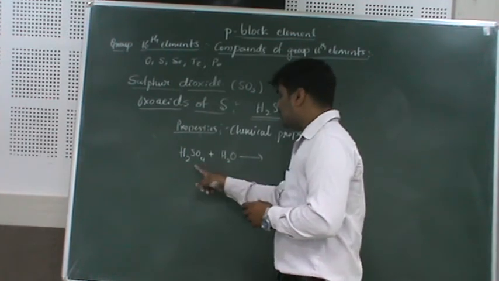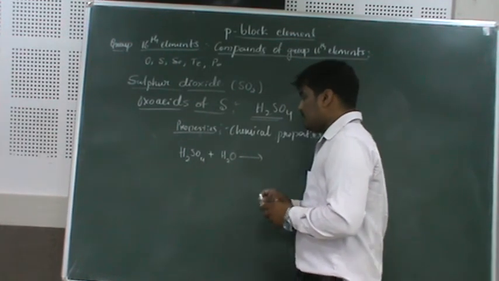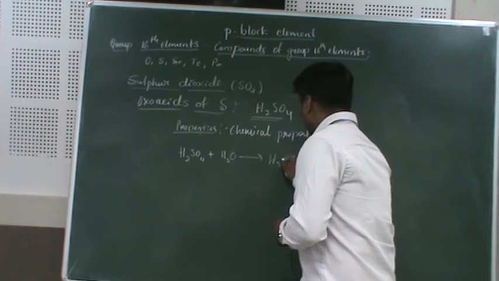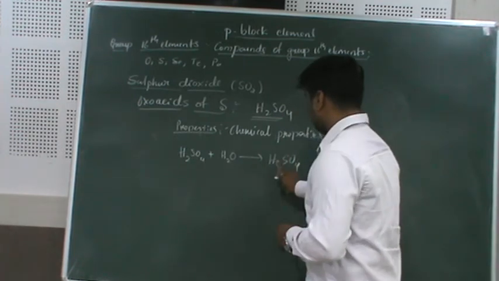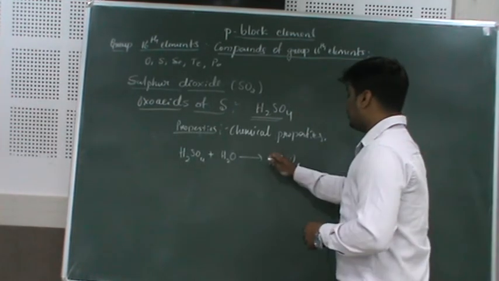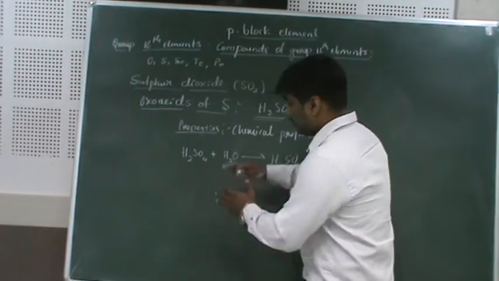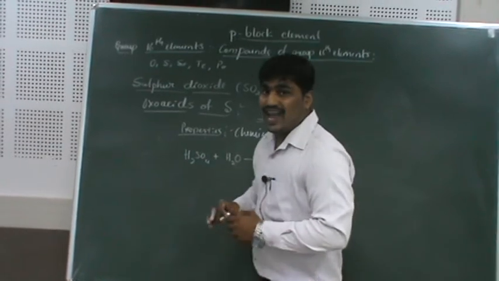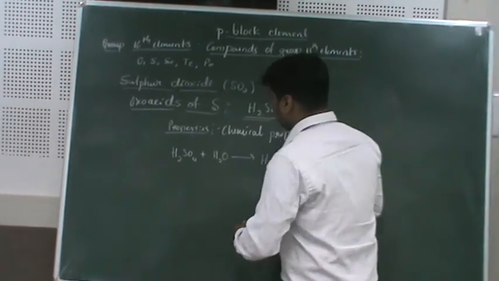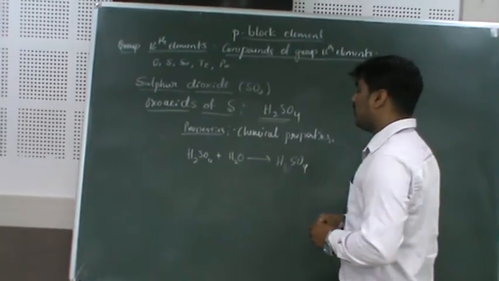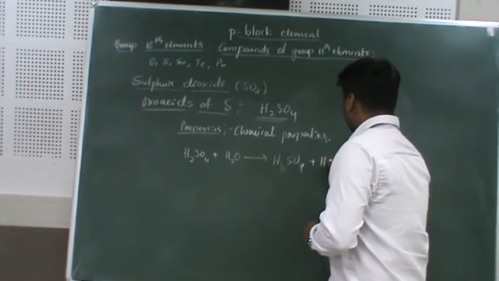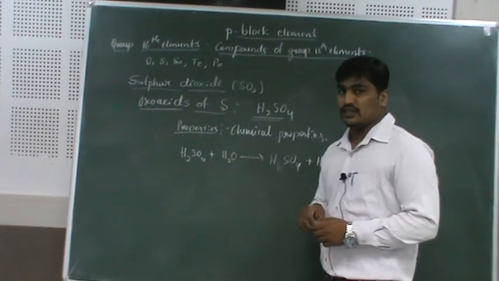When sulfuric acid reacts with water, first it gets converted into HSO4 minus, very important. This gives the justification of the acidic character of sulfuric acid. H2SO4 reacts with water, and it first gives one H plus.